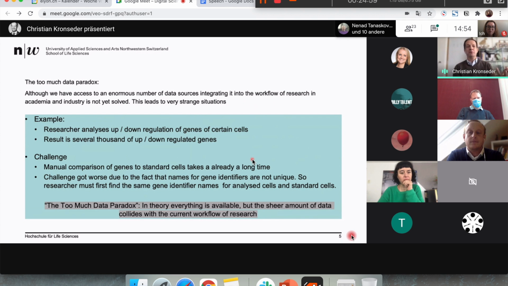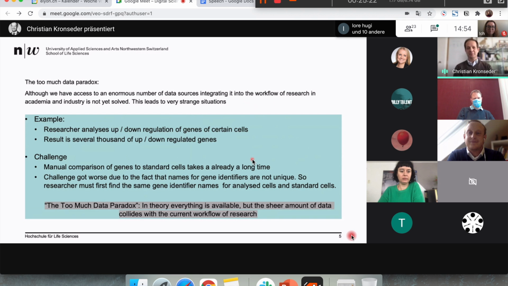So what happened was this poor person was forced to start a manual comparison of the genes to standard cells, and this already takes a long time. And this would not have been so bad, but there's a little wrinkle which makes it really bad. Because what I didn't know is that gene identifiers are not unique.